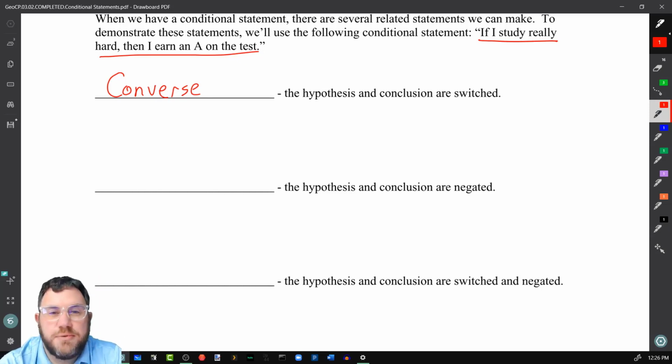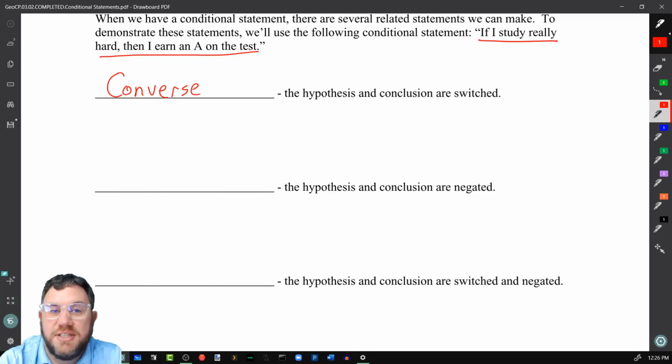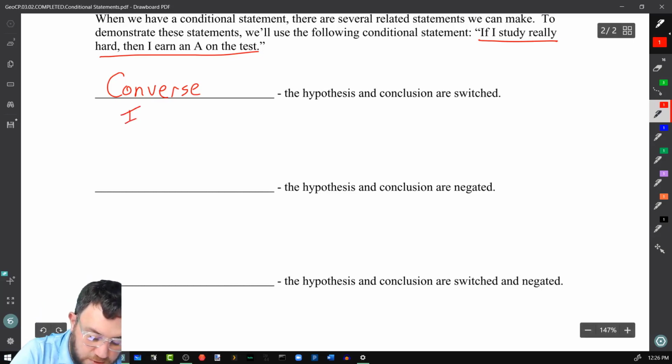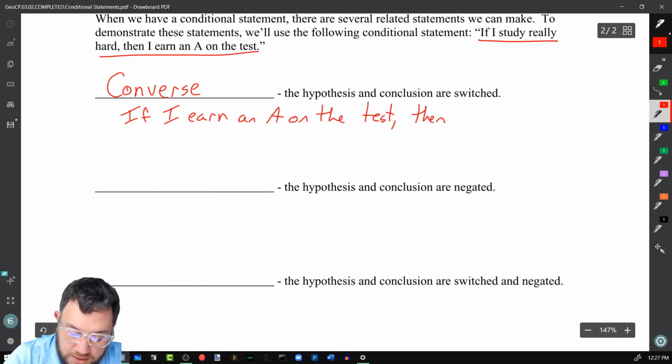In this one we switch the hypothesis and the conclusion. So the conclusion gets moved to the if part, and the hypothesis gets moved to the then part. So if I earn an A on the test, then I study really hard.